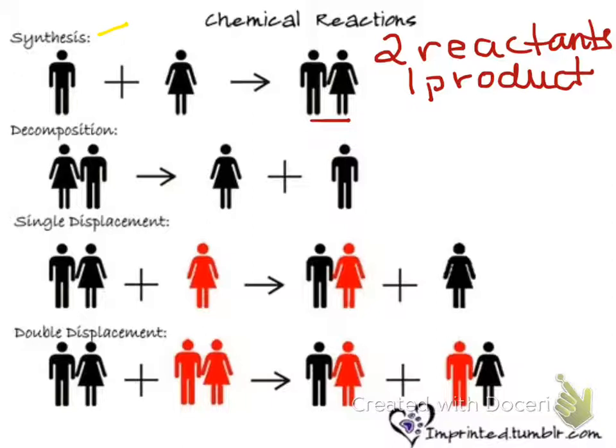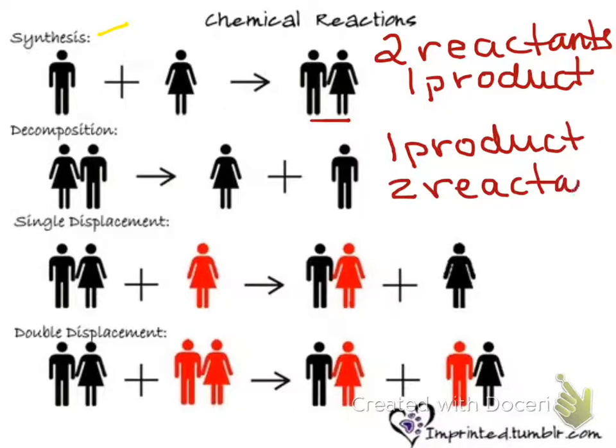So in this decomposition, we start with 1 reactant and 2 products. And it's always going to be that way. So these are easy to identify because you can count the number of products and reactants and you can determine which is which.